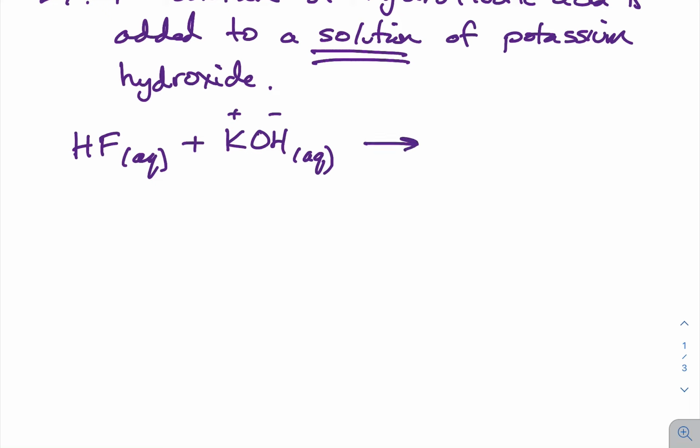So you've got a hydrogen-containing acid, a hydroxide-containing base. It's always going to make water. And then a compound containing the ions that are left over, which in this case is K plus and F minus. This is a soluble ionic compound.